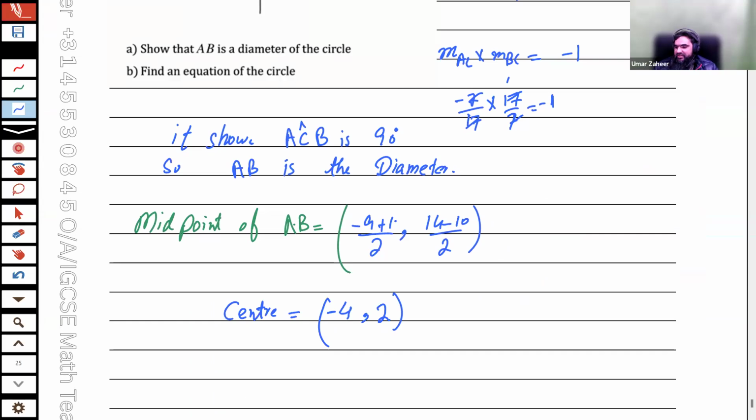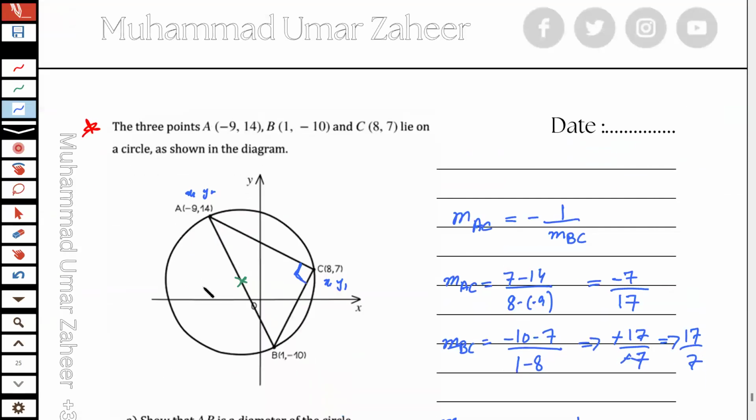Now, what is the second thing that we need? We need a radius. For the radius, you have to take the distance from center to C, center to A, or center to B. It's your choice.